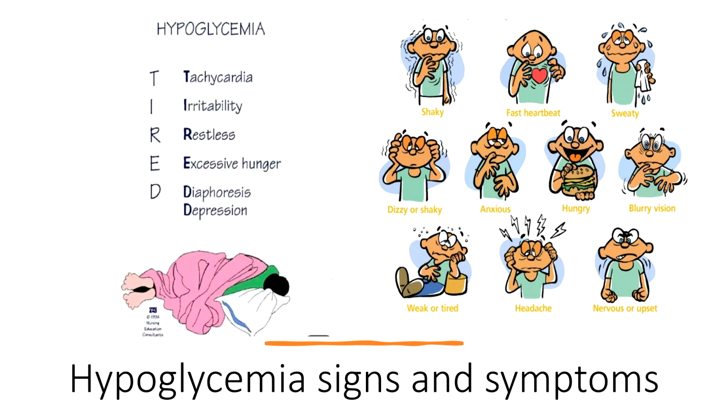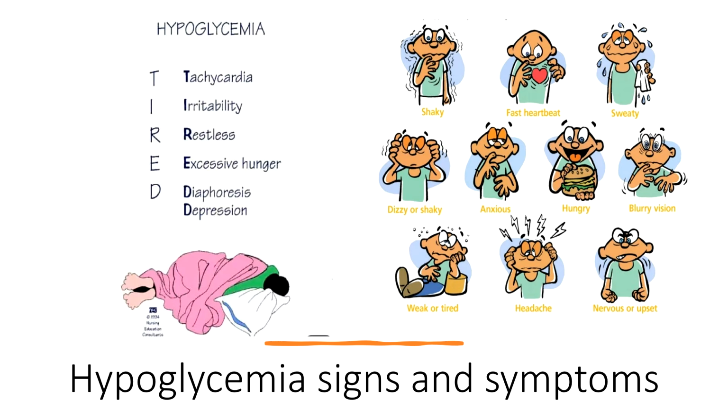They get more and more confused, right? They get tachycardic. They get irritable. They get hungry. Remember, hunger happens in both hyperglycemia and hypoglycemia. So that's one of the symptoms that happens in both.